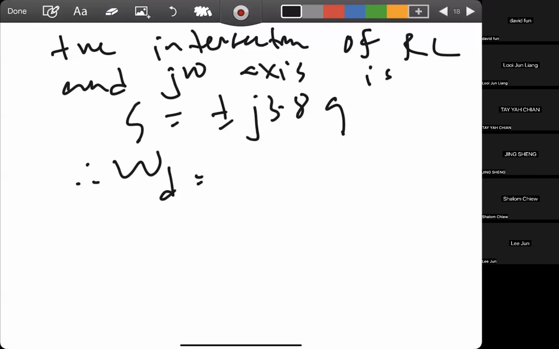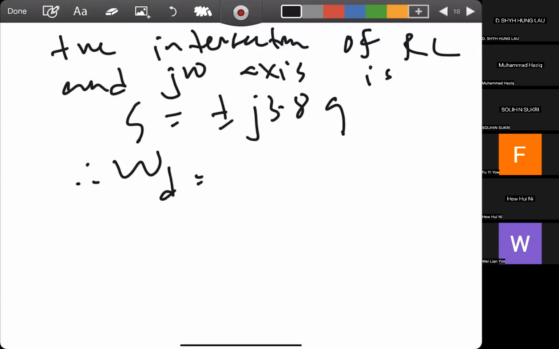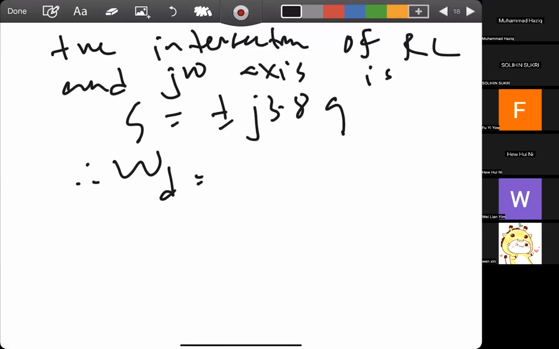I don't know. Li Jun? Yes. What is omega d, if the intersection is plus minus j 3.89? Square. Oh, where is this? Far away.